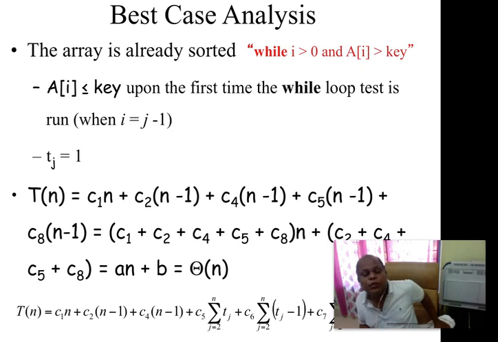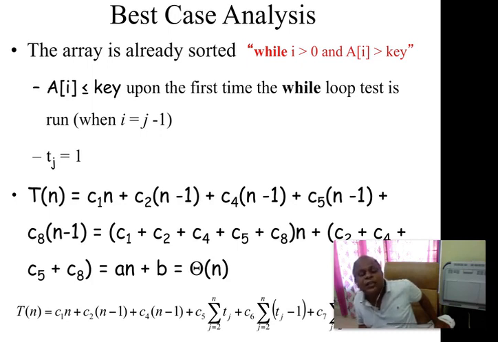Hence it will be C1 plus C2 plus C4 plus C5 plus C8 into n, plus minus C2 minus C4 minus C5 minus C8. As a simplification, this is of the form an plus b. What is a? A is nothing but C1 plus C2 plus C4 plus C5 plus C8, and the summation of the constants is b.